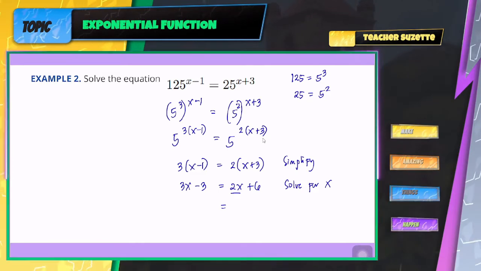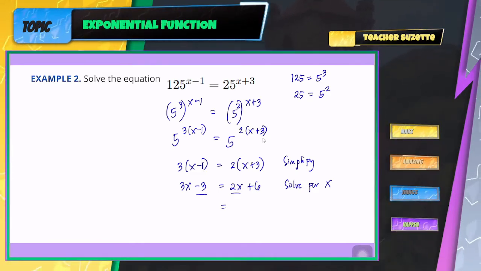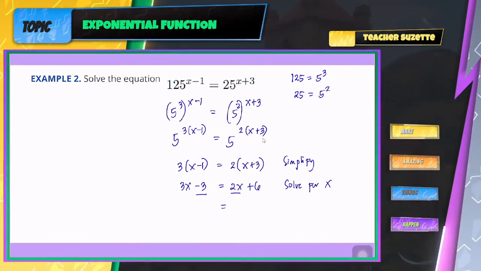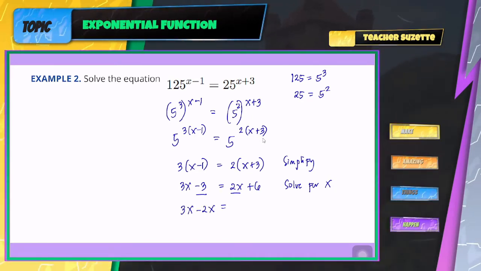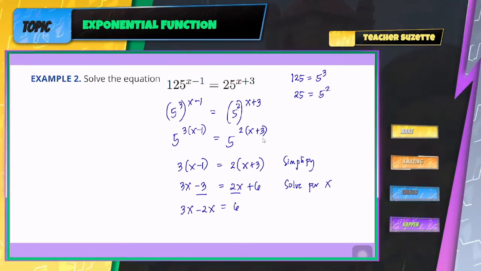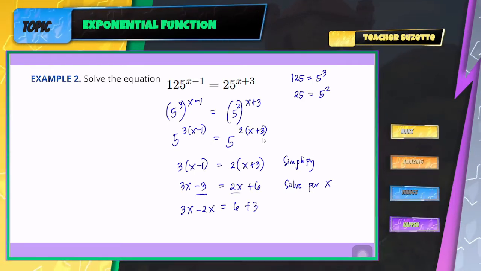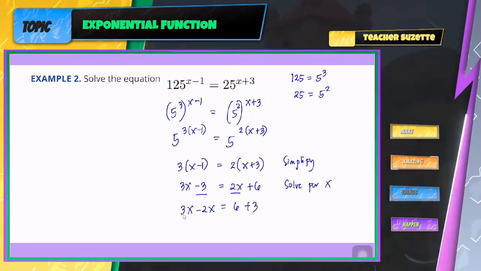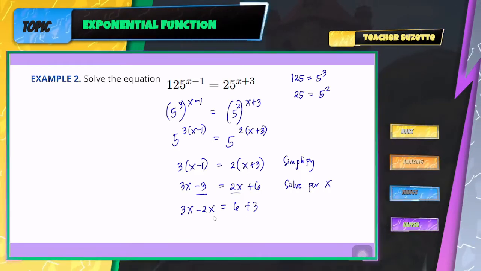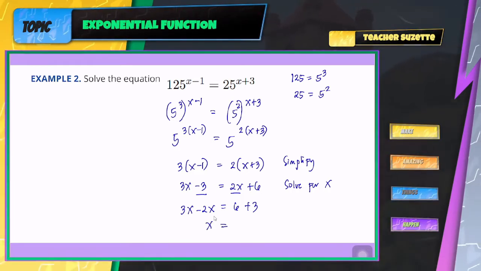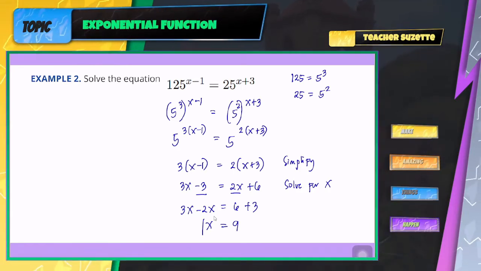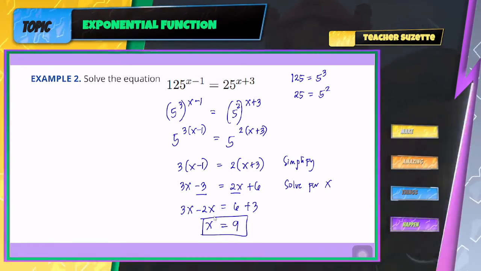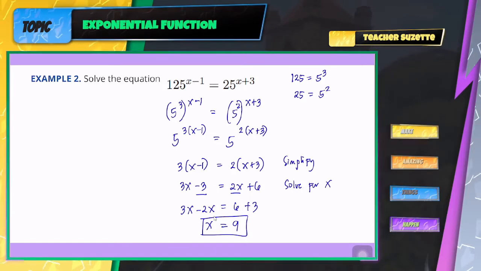Transpose natin yung mga other terms sa other side ng ating equation. So, you will have 3x minus 2x equal to 6 plus 3. Then, simplify, combine natin, 3x minus 2x, you will have x equal to 3 plus 6 equal to 9. So, ayan. You have x is equal to 9.